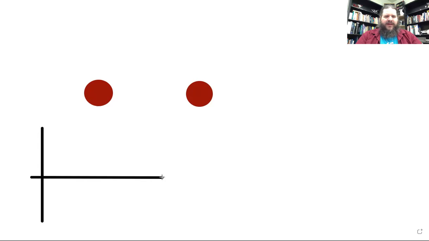Okay, so let's say you've got these two molecules and they're interacting with each other using the usual Lennard-Jones potential energy graph. Like the graph we were looking at last time, with an energy axis and a distance axis, where distance is just the distance between molecules.